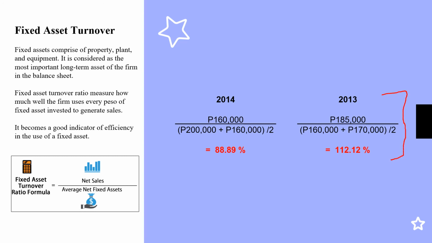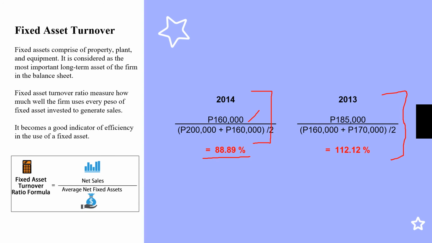Sabihin natin given natin yung net sales natin na 185,000. Then divide natin siya dun sa ating may yield na average net fixed assets. So we have 112.12%. Then for 2014, we have the sales na 160,000, and then the average, no, yung mako-compute natin from there, and then we yield 88.89%.